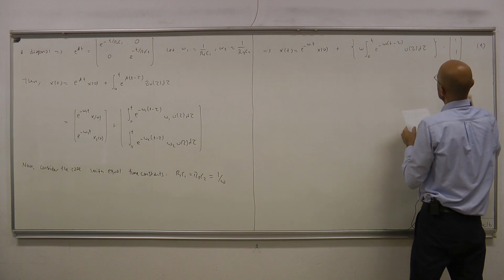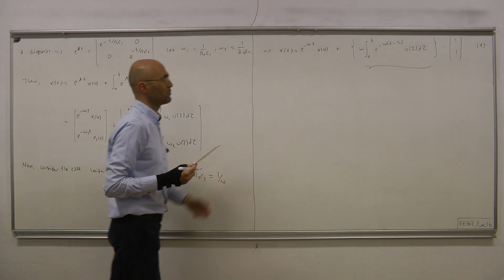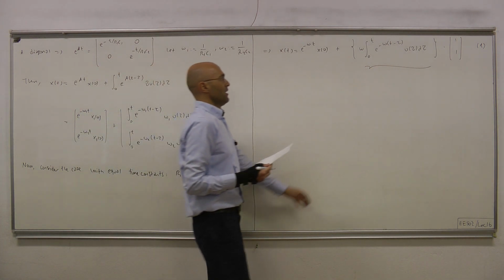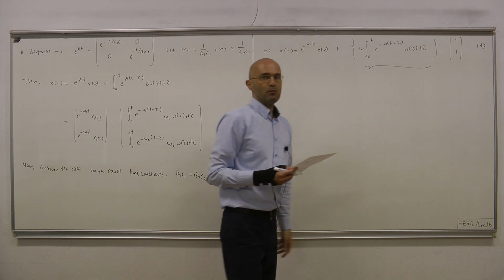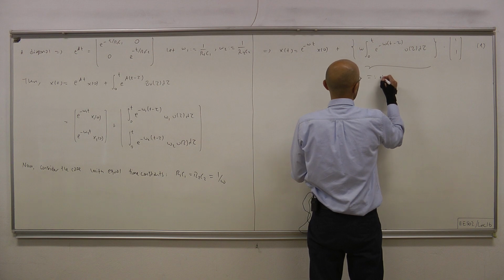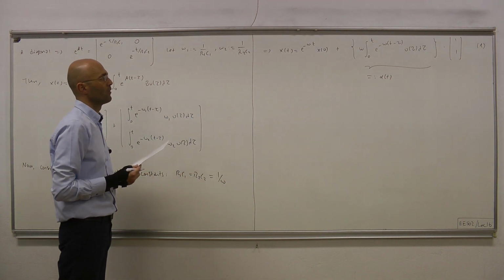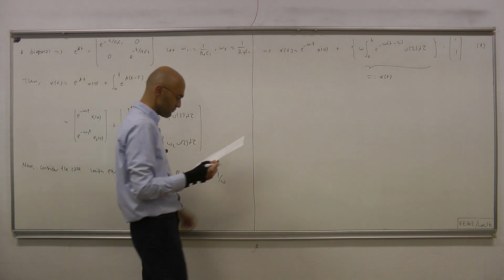Let's call this equation 1. And let's call this function, which is a function of time and is determined by the input that we apply to our system, alpha of t, which is a scalar.